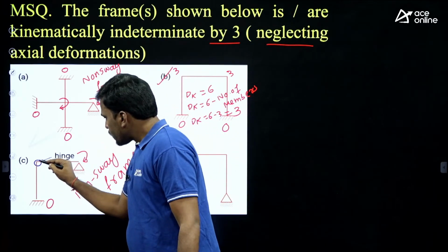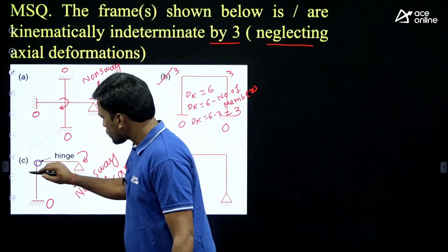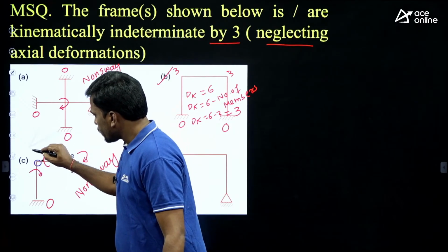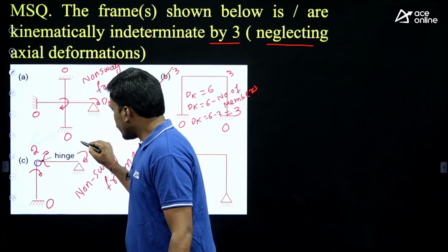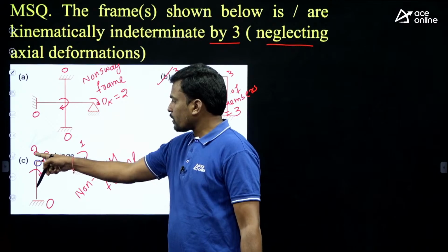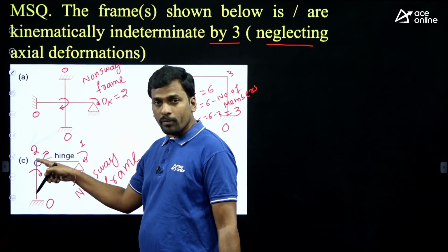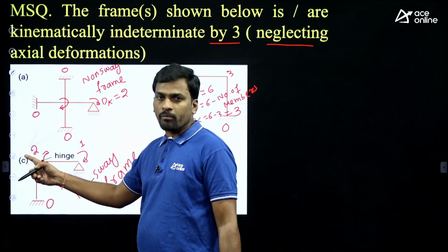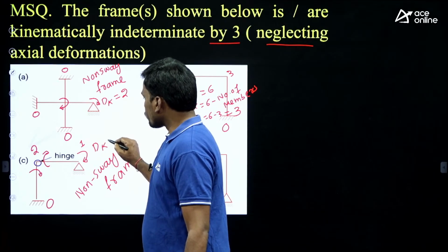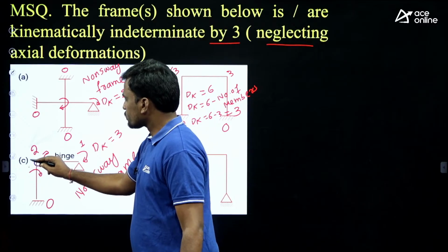And there is an internal hinge; at the internal hinge, rotation here and rotation here, so 2. With axial deformation it would be 4, neglecting axial deformation it is 2. And here only 1. Now Dk equals 3, neglecting axial deformation. Then option C is also correct.